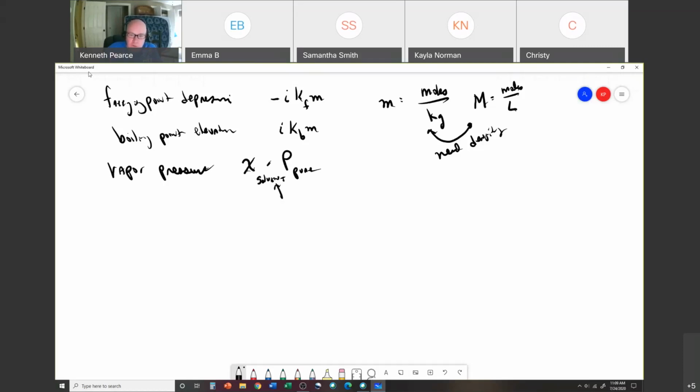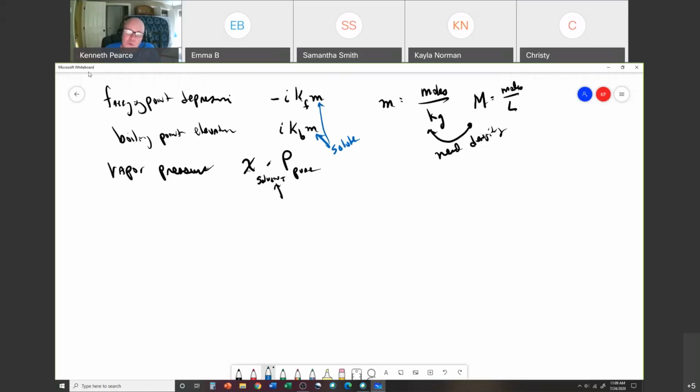Now, it's a little different. Usually when we did these over here, this was for the solute. In other words, we were dissolving in water, right? And so the solvent was water, and the solute was the sodium chloride or the calcium chloride or whatever.